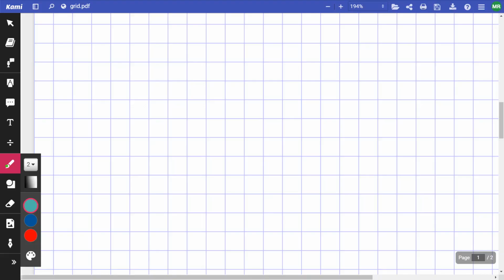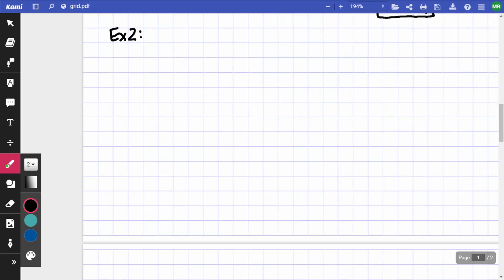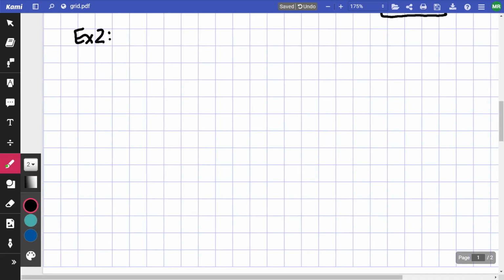So in this next example, this is still going to be 3 variables with 3 equations, but when we're doing this, we do not necessarily have 3 variables in each of the equations. So I'm going to call equation 1 2x minus y equals 5.